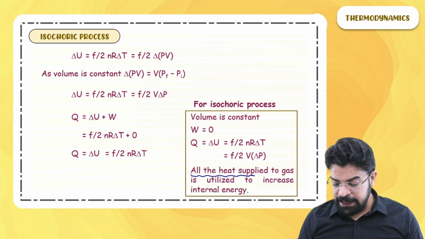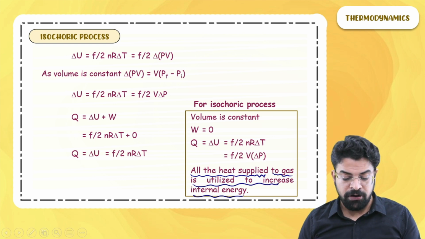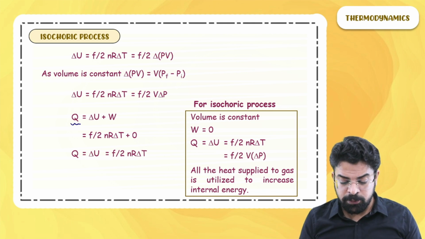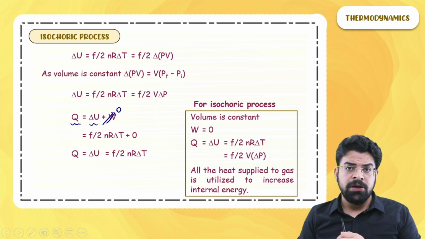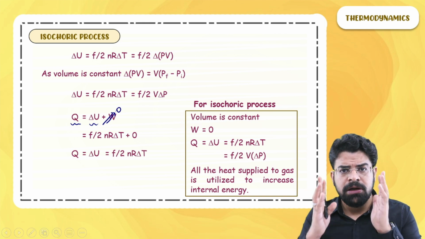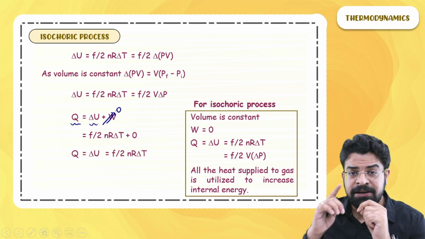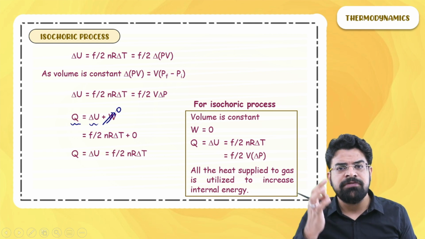All the heat supplied to the gas is utilized to increase the internal energy of the gas. No work is done by the gas. If you have a gas at constant volume, then on supplying heat, its internal energy will increase. On extracting heat, its internal energy will decrease. Simple.